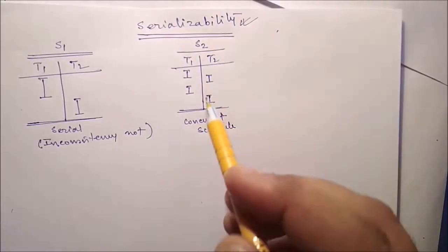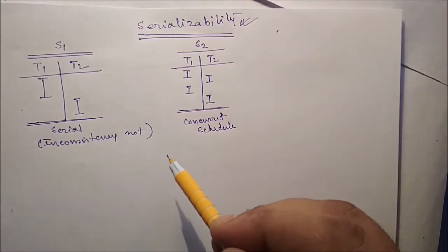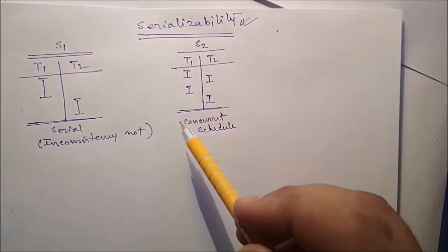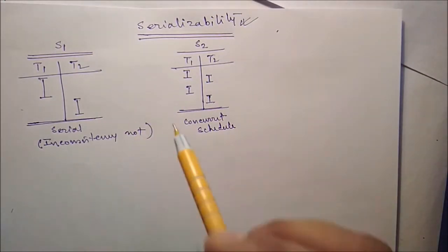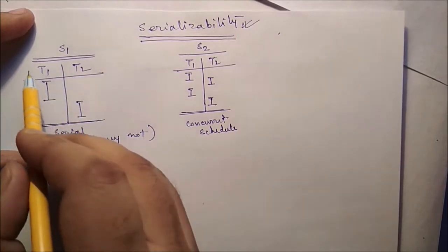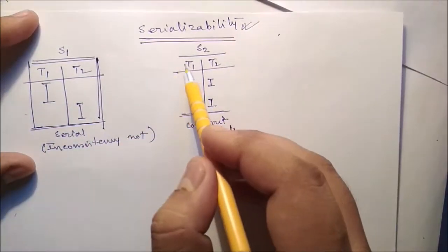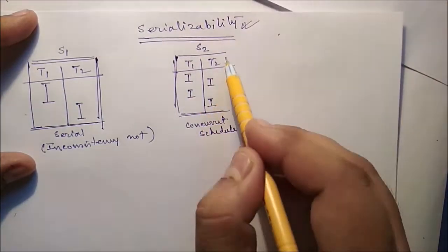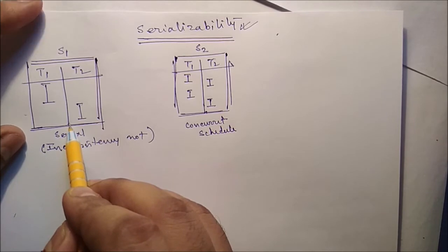Now we have to check whether this particular schedule will produce a consistent result or not. We can check using serializability. We already know that a serial schedule always gives a consistent result. So we have to check whether this concurrent schedule is equivalent to a serial schedule or not.